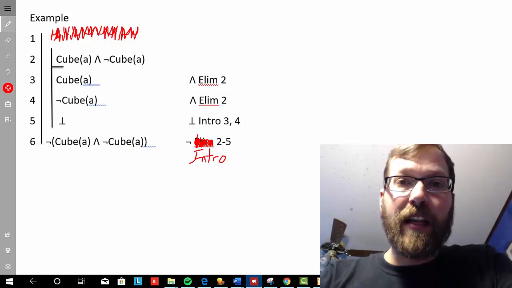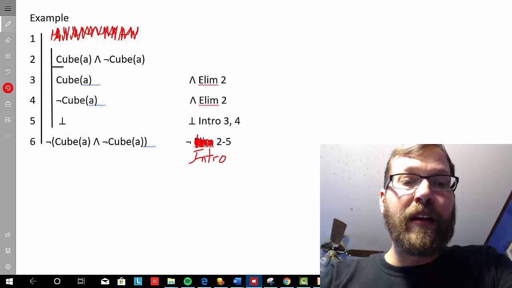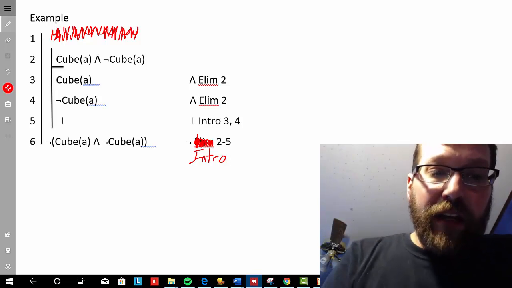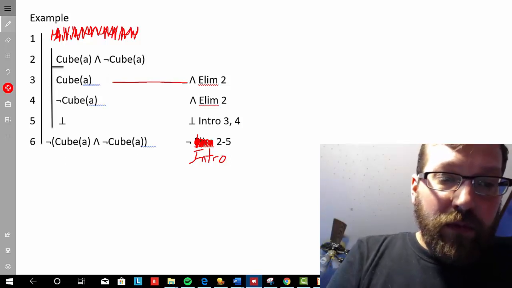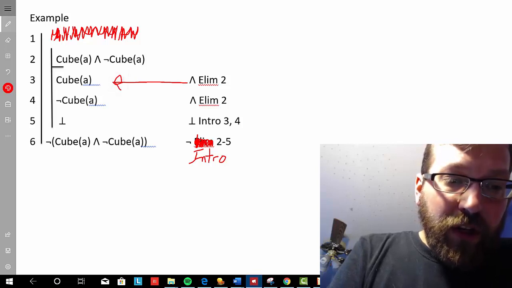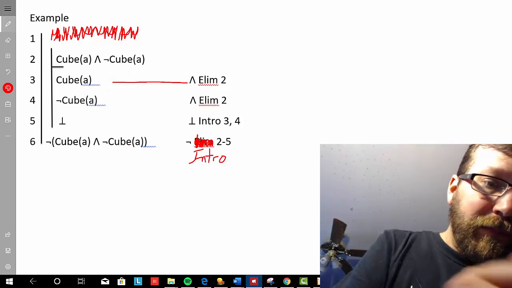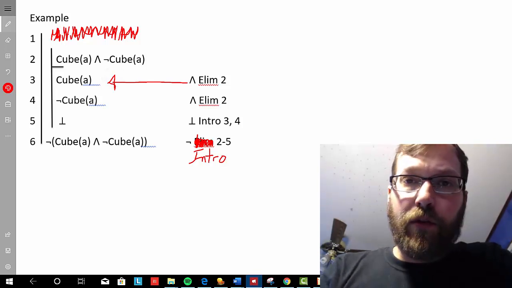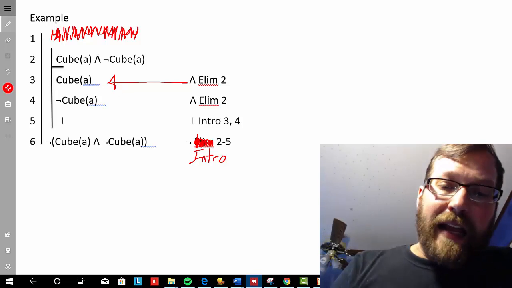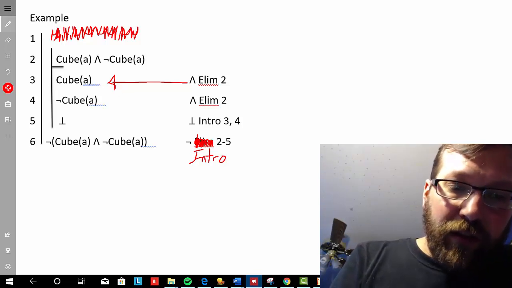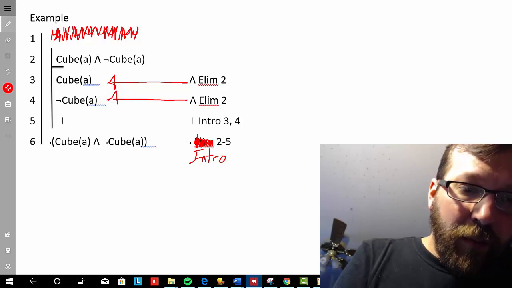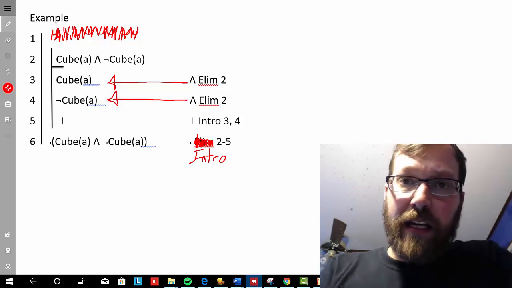It cannot be the case that both A is a cube and not a cube, which is what step 2 is asserting here. So I use conjunction elimination to pull out the first conjunct, A is a cube, and then again by another application of conjunction elimination, I pull out the second conjunct.